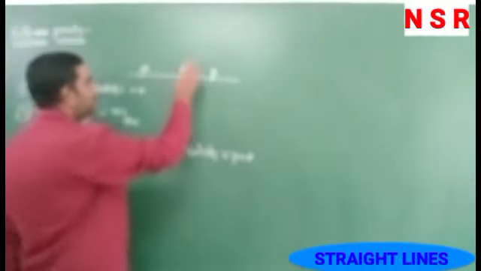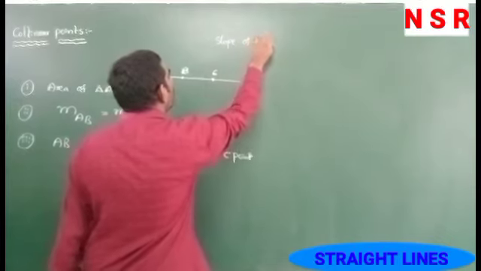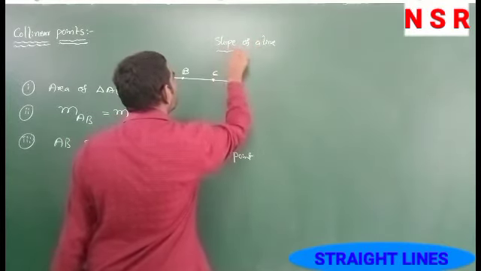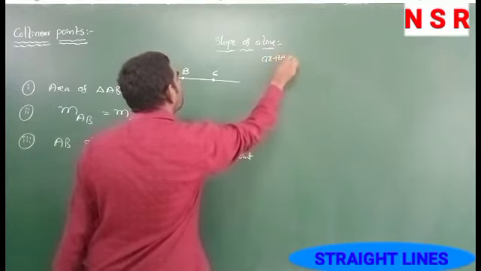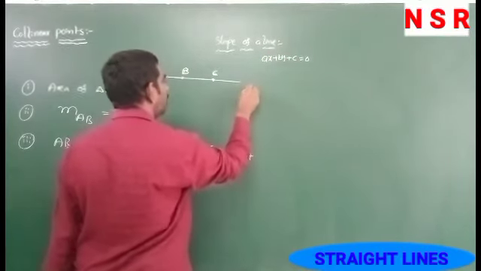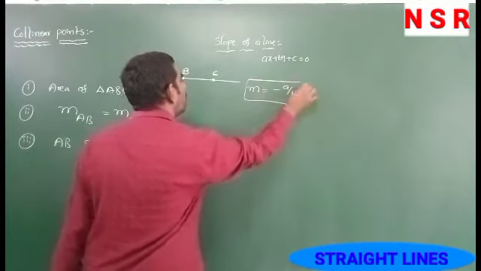Next one is the slope of a line. Suppose ax plus by plus c equal to 0 is a straight line, then the slope of the line equals minus a by b.